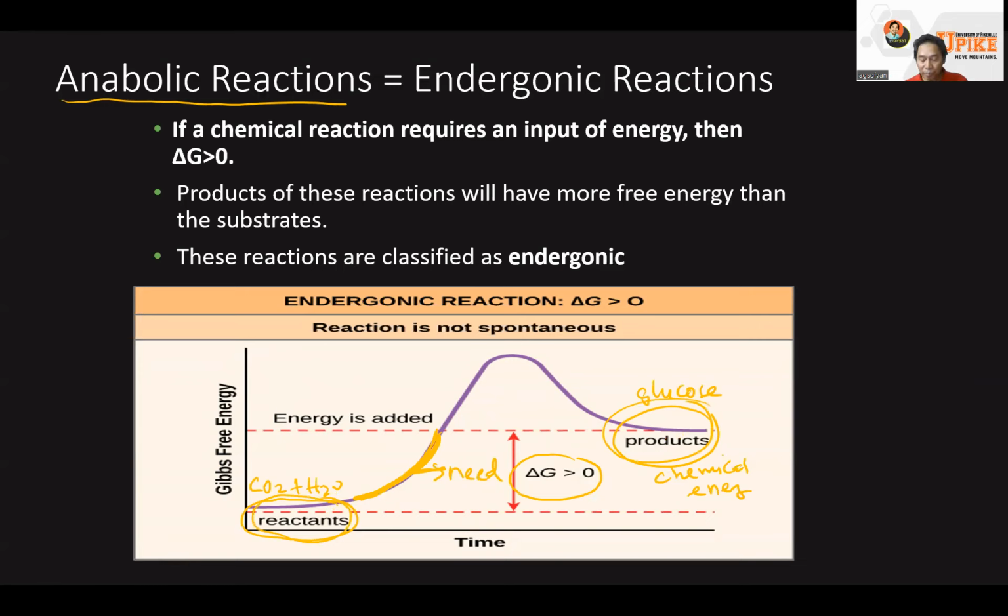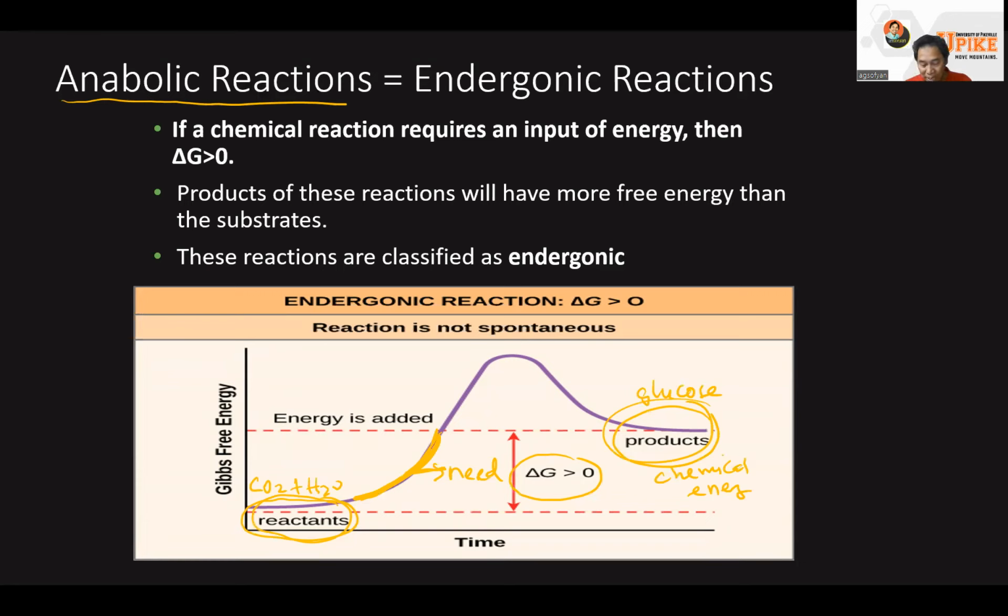So this is how energy is involved in the reaction, whether anabolic reaction, anabolism, or catabolic reaction. Remember again, for the catabolic reaction or catabolism, delta G will always be lower than 0. It means that the energy will be released because it is an exergonic reaction.